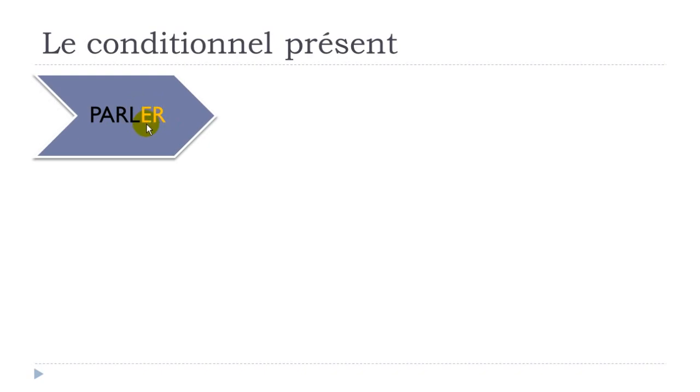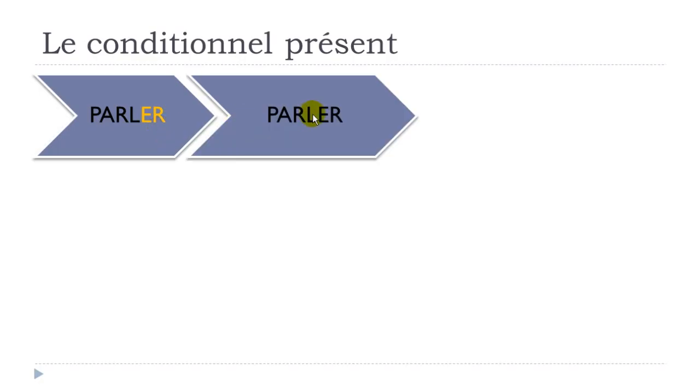Okay? So these verbs are regular. That's good news, and normally that's the reason why we start with them. So you don't have to change your verb. So parler is like that. You will keep it like that, and based on this form, after that you will add the endings, okay?